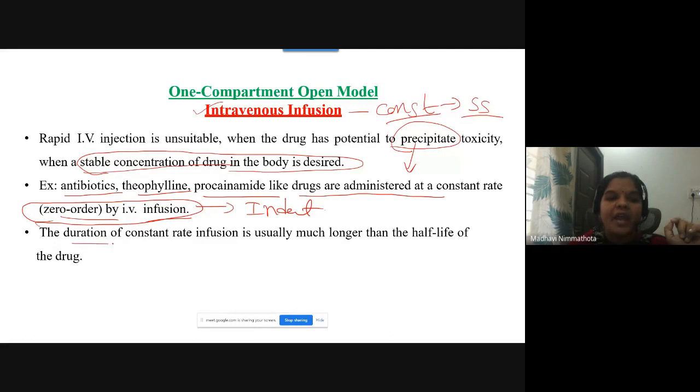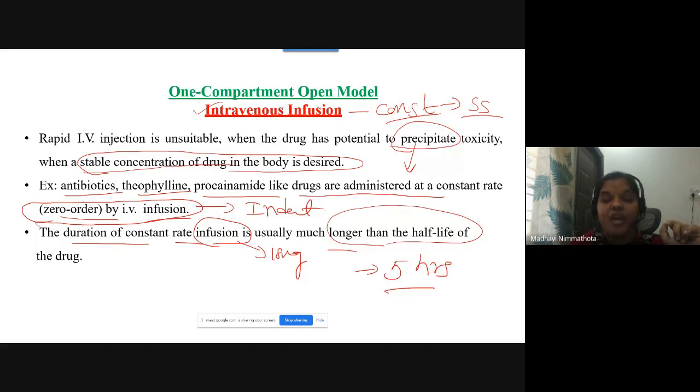And the duration of the drug in the infusion is long, so that you can achieve longer than the half life of the drug. Suppose your drug shows a half life of 5 hours, but it will take until the 6th hour to reach steady state concentration. So what it is indicating is that the drug resides in your body longer than its half life.